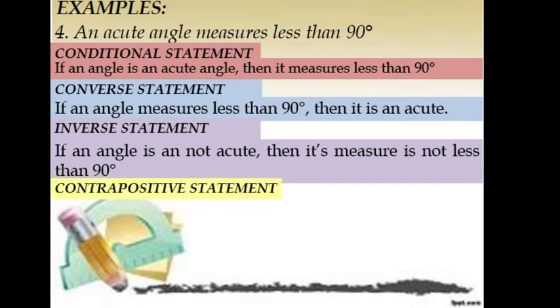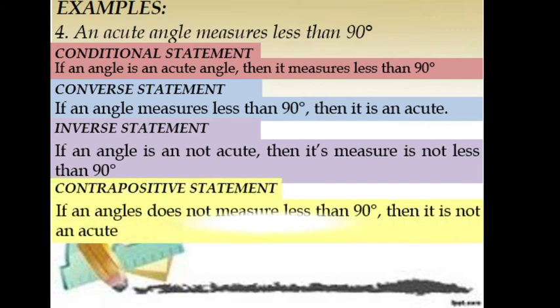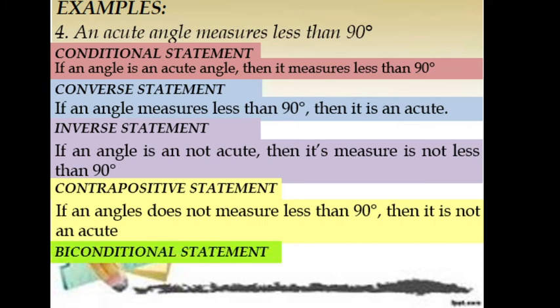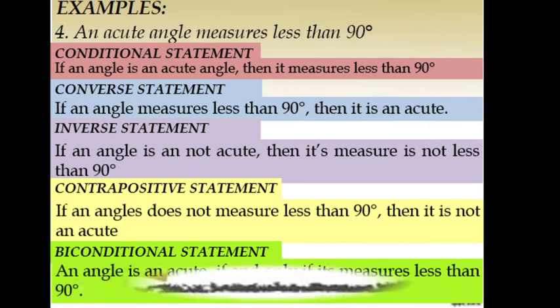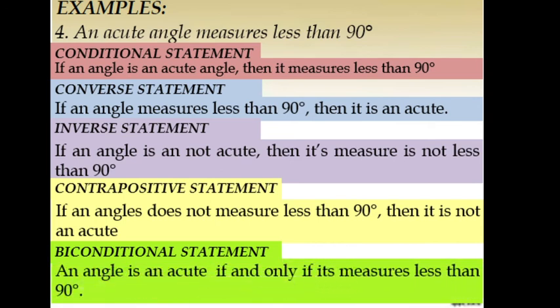And for our contrapositive statement, we have, if an angle doesn't measure less than 90 degrees, then it is not an acute angle. So, for the biconditional statement, an angle is an acute angle if and only if its measure is less than 90 degrees.